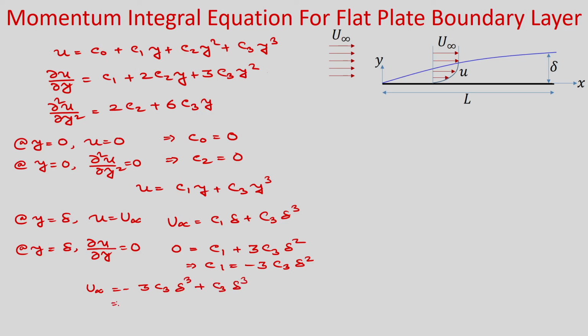So, from here you can see C3 will be minus half u infinity by delta cube. So, we will get C1 as minus 3 C3 delta square, and this is minus C3. So, it will be 3 by 2 u infinity by delta.